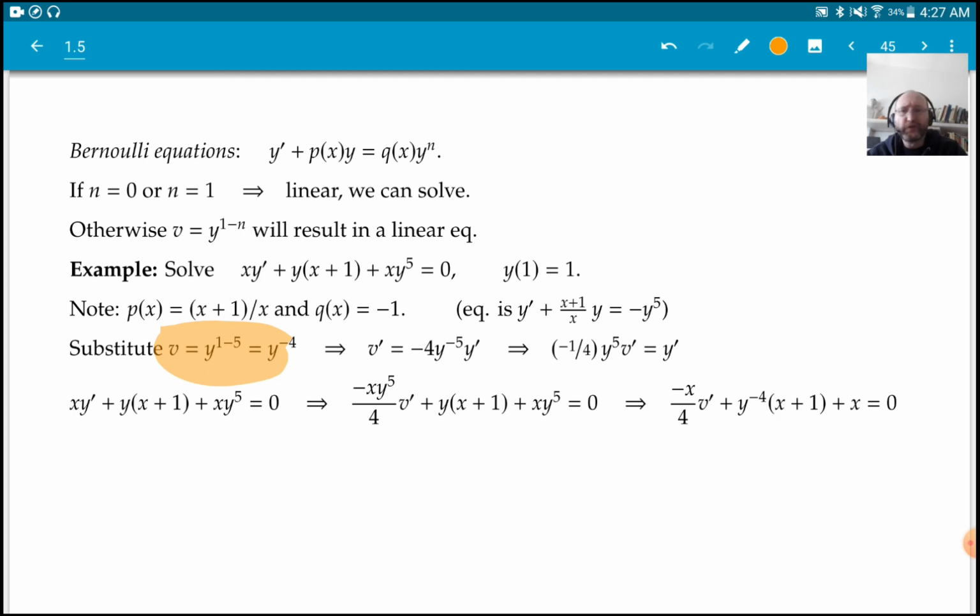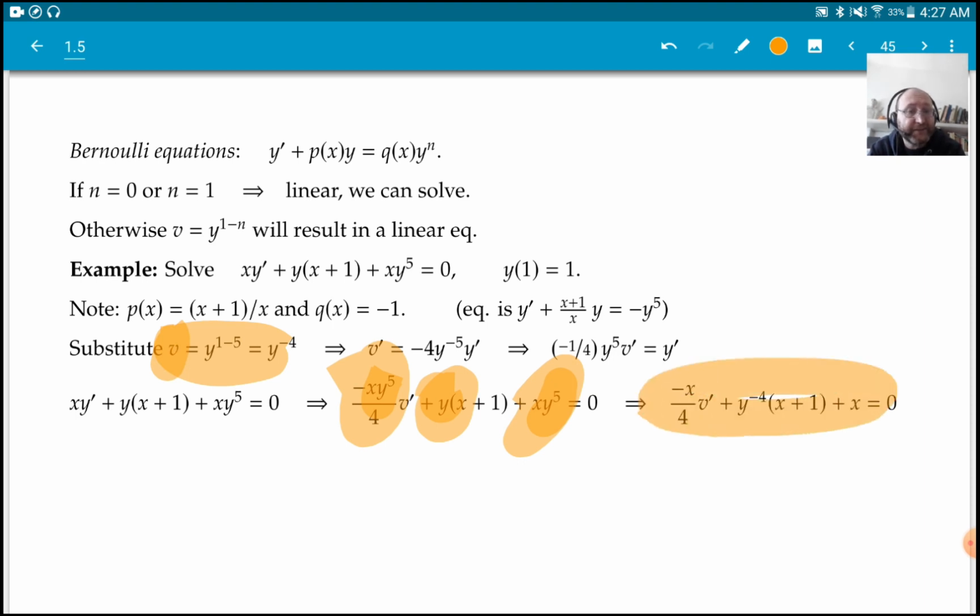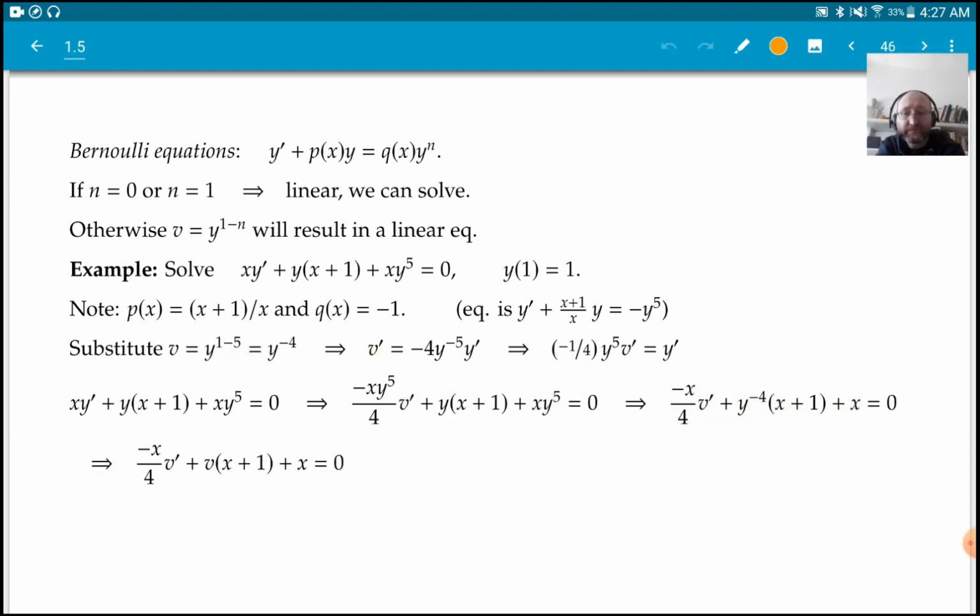I could solve for y, but maybe it's easier because I already have a y and a y to the fifth. If I divide by y to the fifth, it's going to disappear here, and then this y will become y to the -4th, which I know is v. So I do that, I get this equation over here, and now the y only appears as y to the -4th, that's v. So I get this equation, and that's linear.